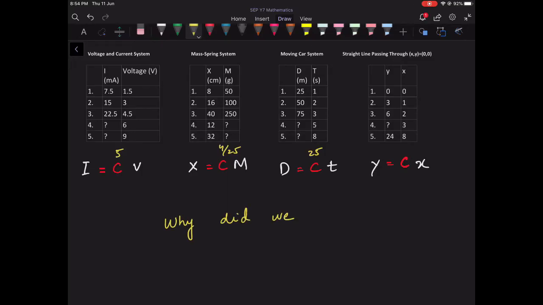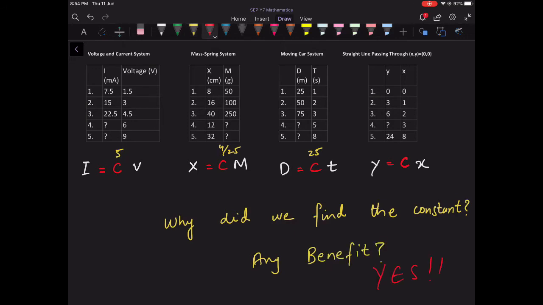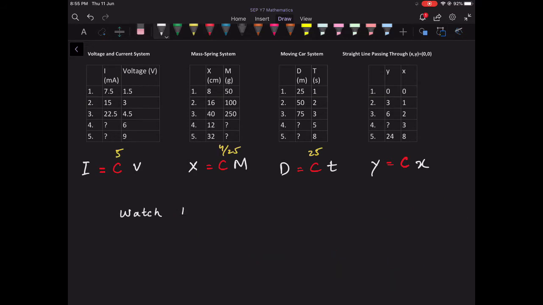At this stage, it is natural for us to ask, why did we find the constants? What benefit does it give us? Let's find the benefits. We can see that in these tables there are certain values that are unknown. The constant C helps us find those unknowns.